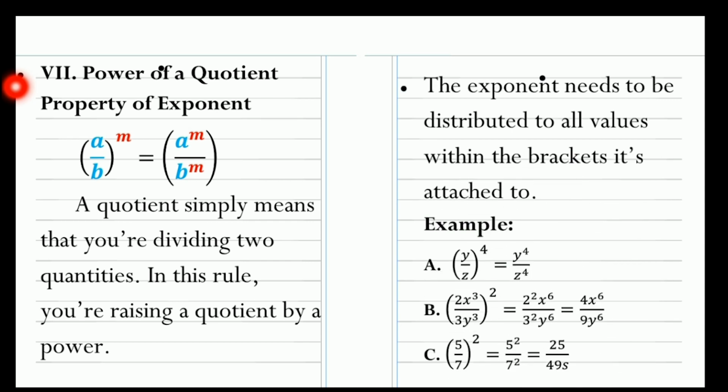The exponent needs to be distributed to all values within the brackets it's attached to. For example, the quantity y over z raised to 4 is equal to y raised to 4 over z raised to 4, and so on.